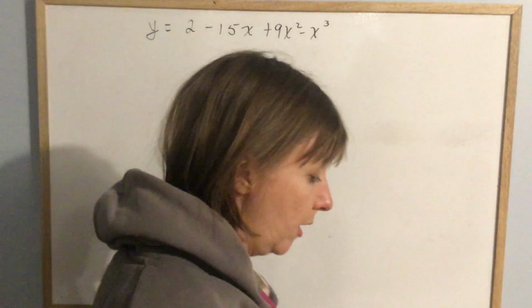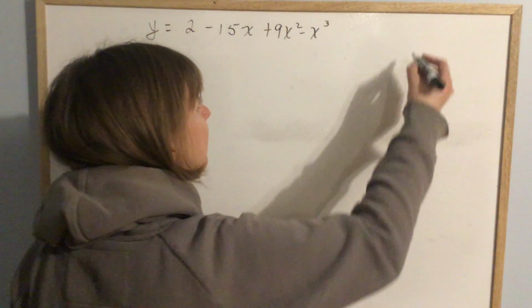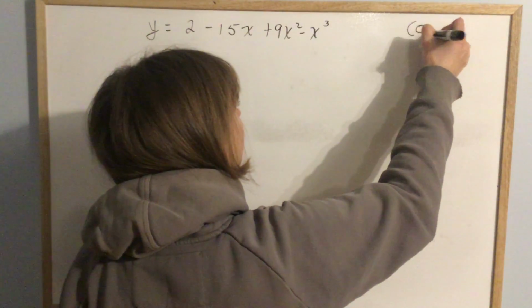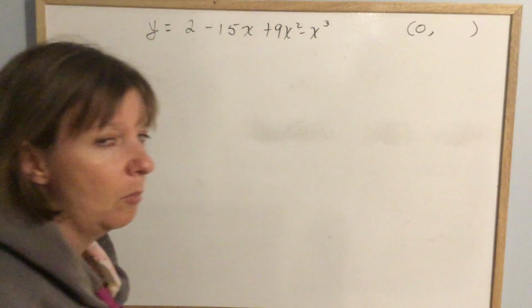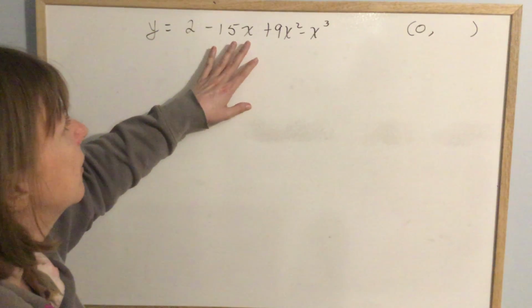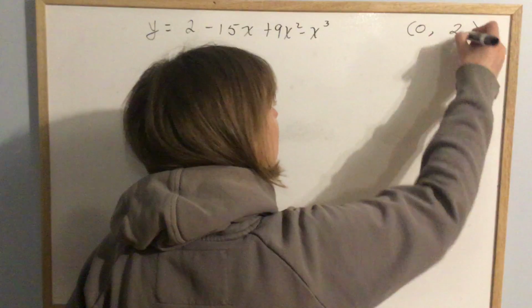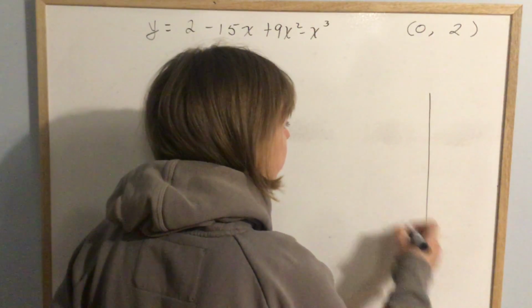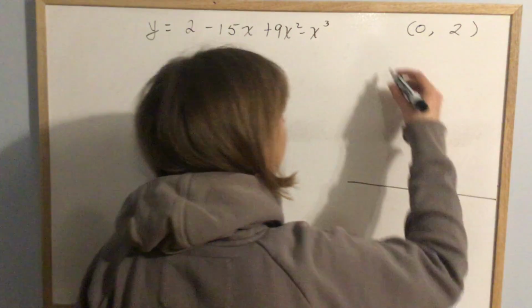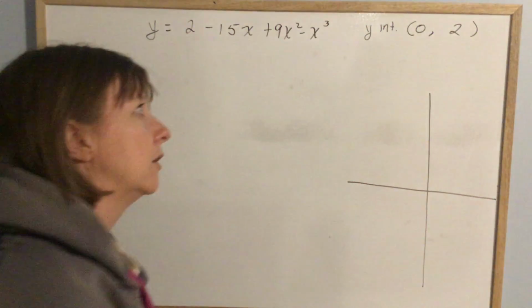Well, I hate it when they do that, so I would probably reverse it. Now, again, let's at least find the y-intercept while we're here. If I make my x 0, this is 0, this is 0, this is 0, I'm going to get 2. So I already know that it has a y-intercept of 0 and 2.